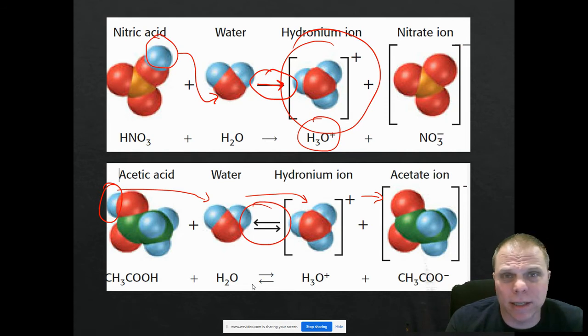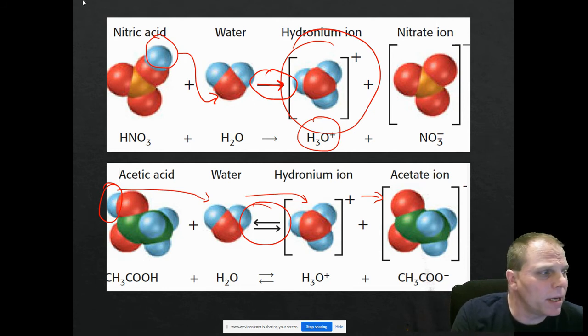And so this reaches equilibrium. And not only does it reach equilibrium, but not all of these particles, these acetate ions, are going to come apart like you have with nitric acid. And so over here with a strong acid, you have complete dissociation, or ionization.